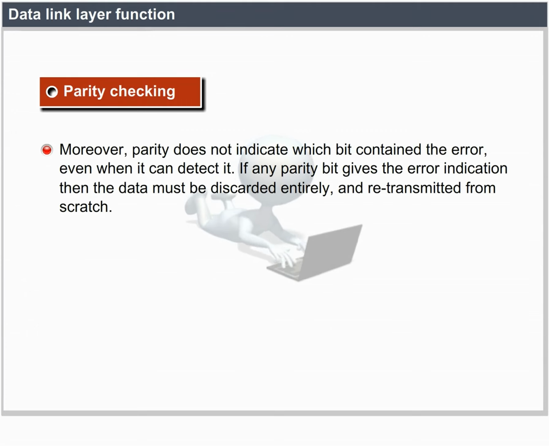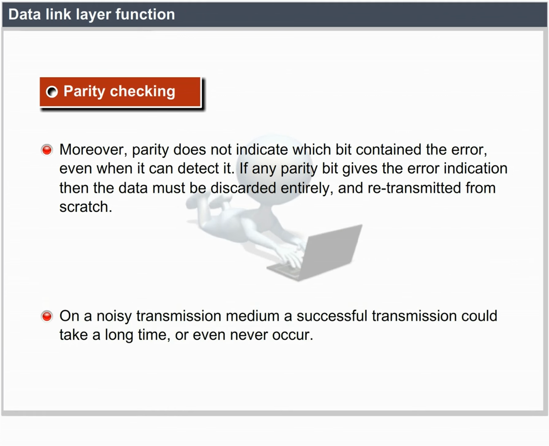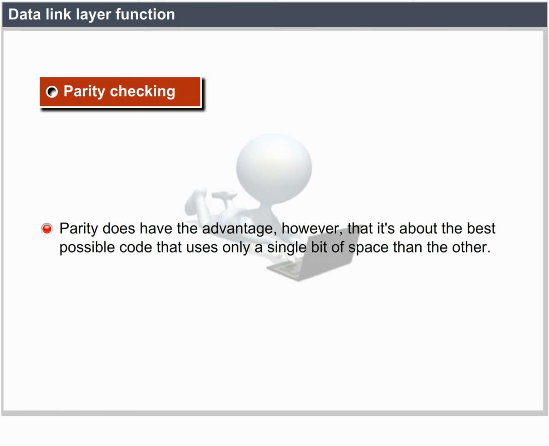Even when it can detect an error, the data must be discarded entirely and retransmitted from scratch. On a noisy transmission medium, a successful transmission could take a long time or even never occur. Parity does have the advantage, however, that it's about the best possible code that uses only a single bit of space.